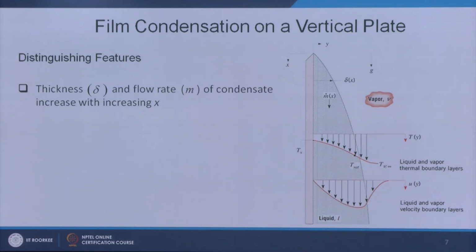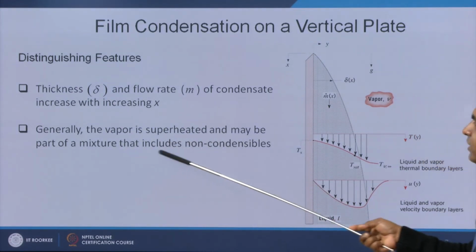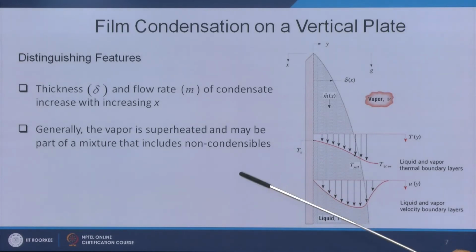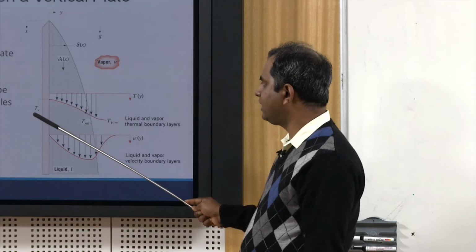Okay. Next, generally the vapor is superheated and may be part of a mixture that includes non-condensables. So, it can have that vapor is having a mixture with some non-condensable material also, which will not be condensing whenever it is touching this surface. Let us say that that material is having saturation temperature lower than this surface temperature.